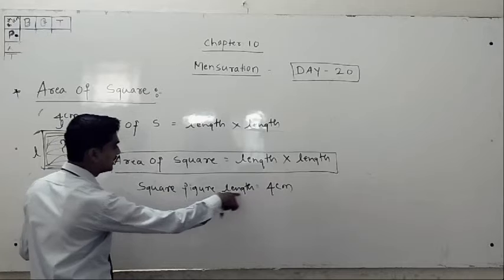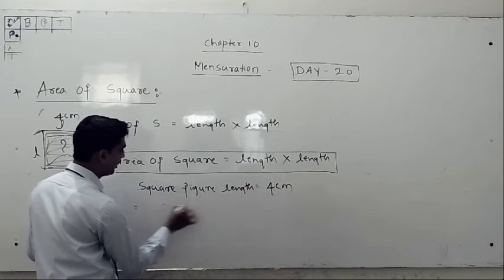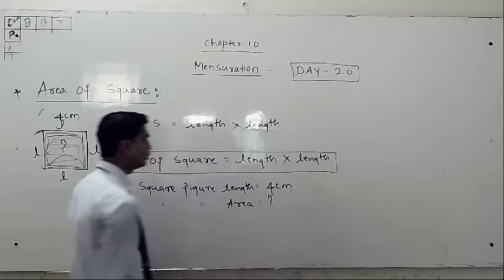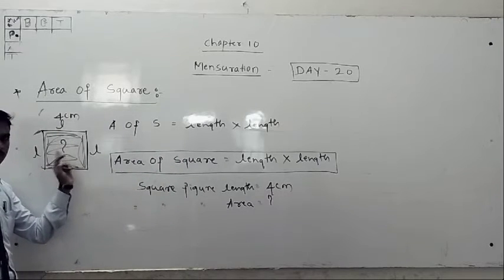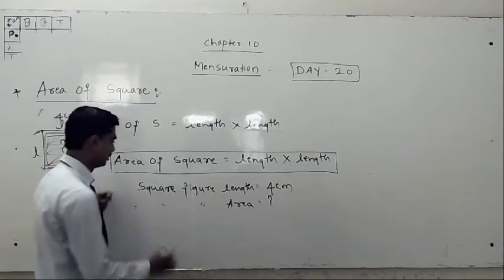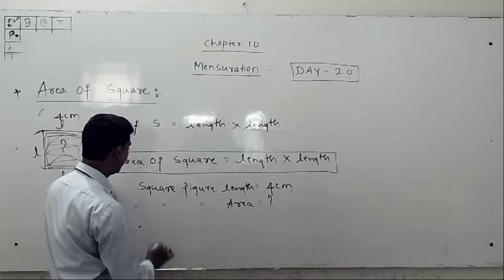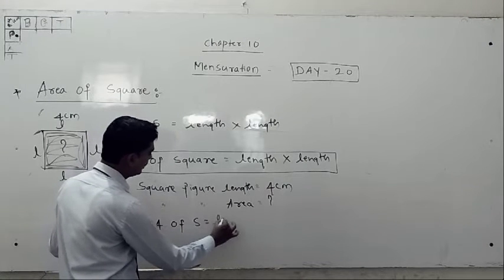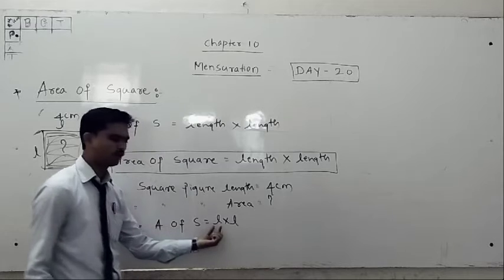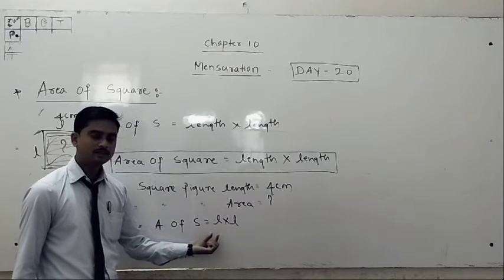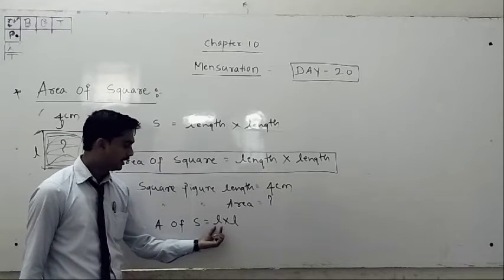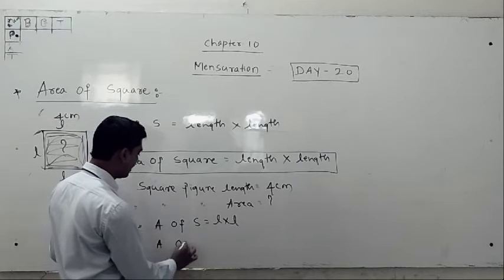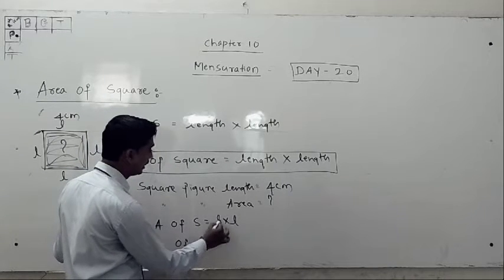Square figure area is equal to, we don't know, so that is a question mark. Then you have to write here A of S is equal to L into L. This is the short form. Length, the short form is L. L into L.